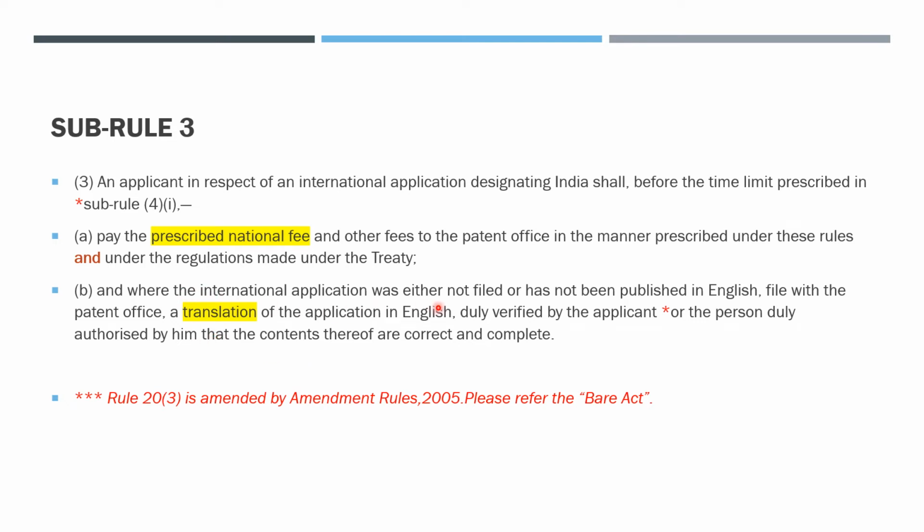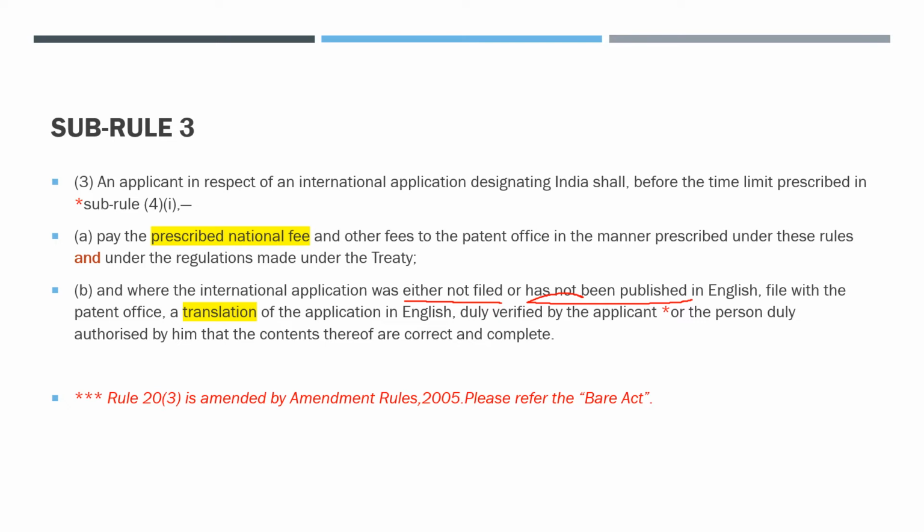And where the international application was either not filed, or has not been published in English. That means either in the filing stage or in the publishing stage, the language is not English.